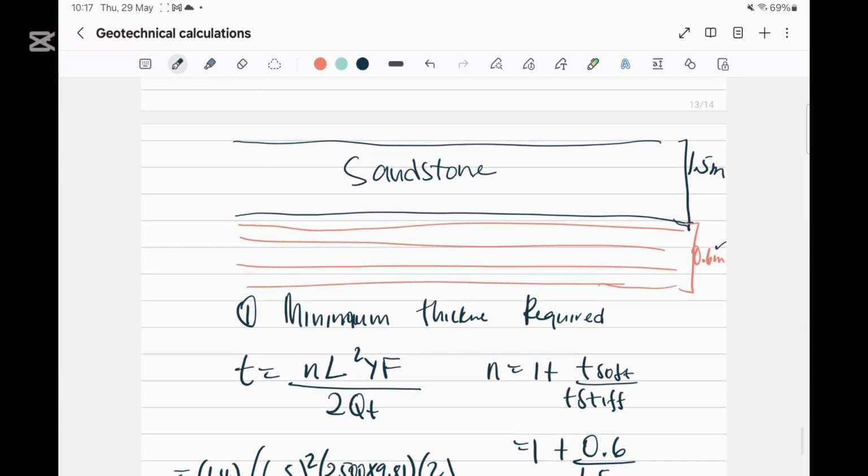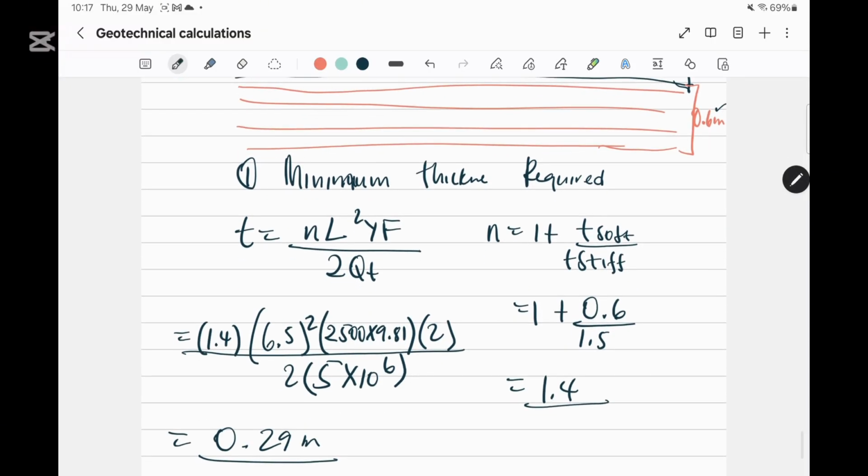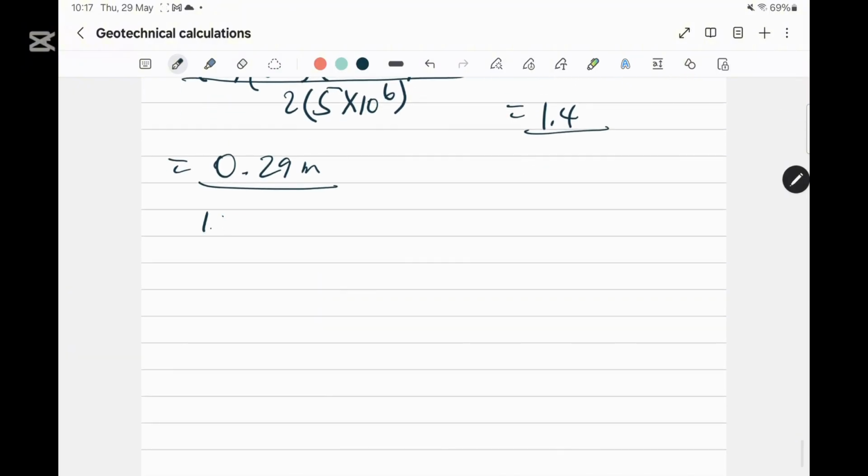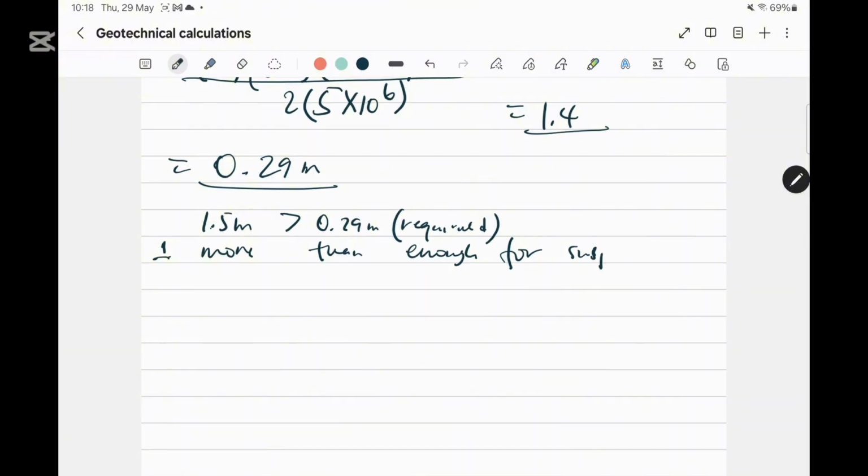That 1.5 is more than enough to assist us with this suspension mechanism. So the 1.5 meters that we have is greater than the 0.29 which is required. Therefore, we have more than enough thickness for suspension. It's more than enough to suspend that thing.